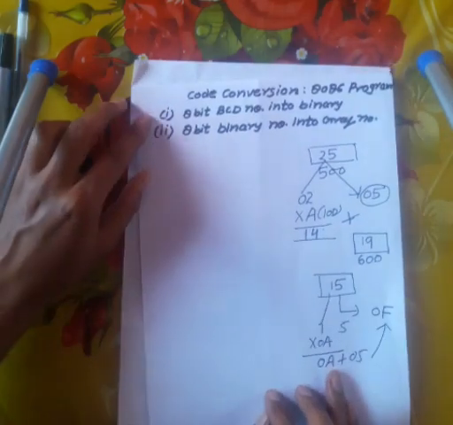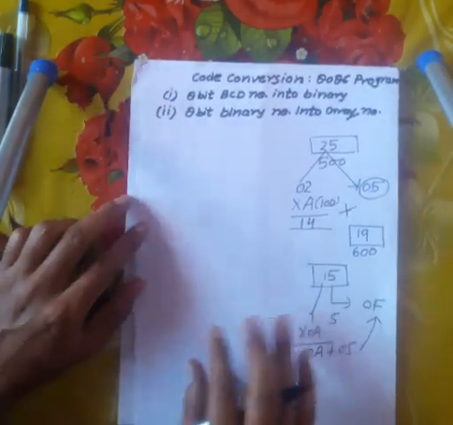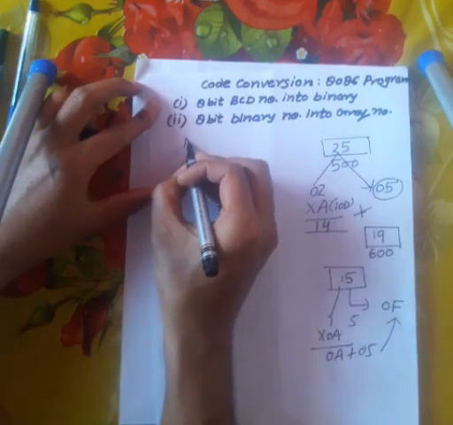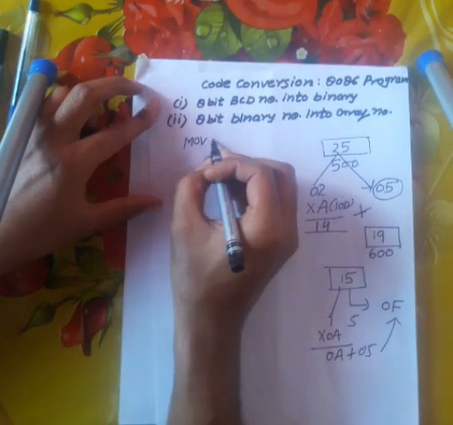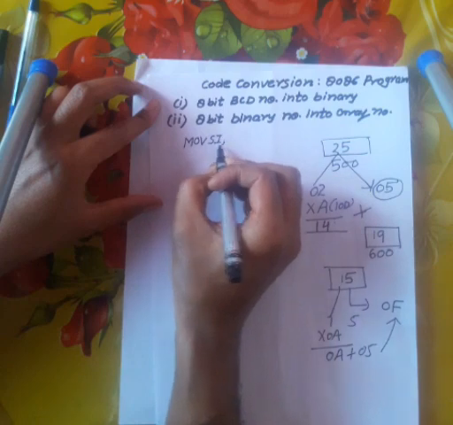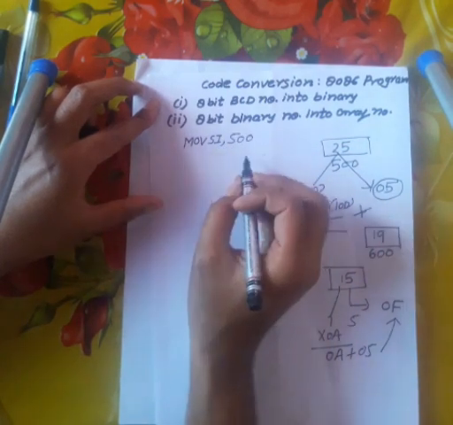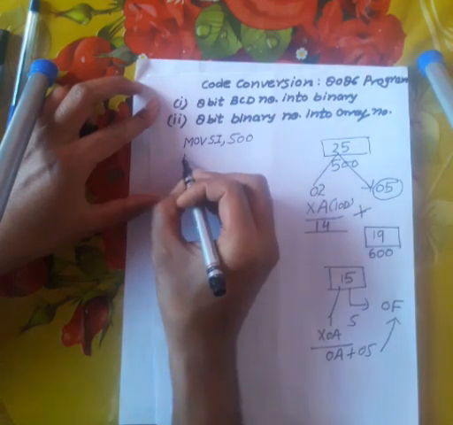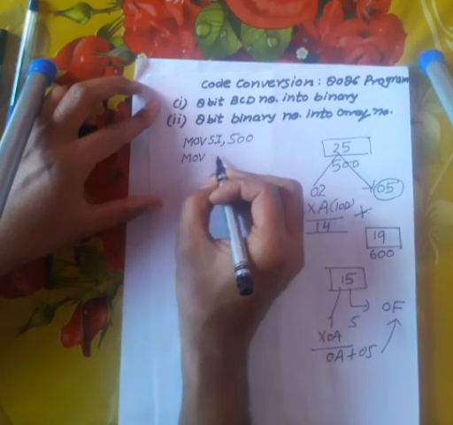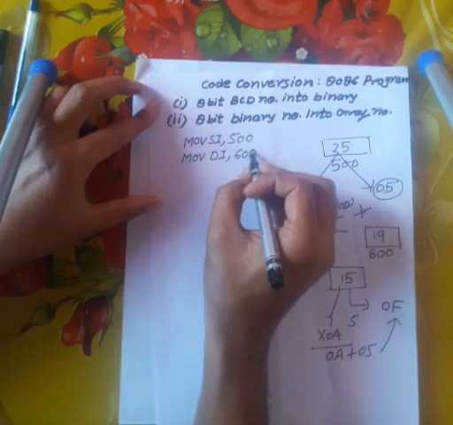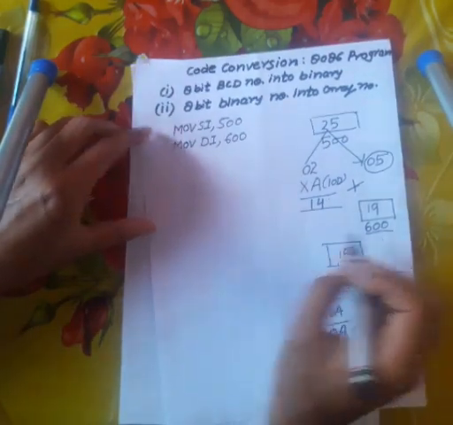Now I will implement program for this. First, move SI comma 500 for source offset. For destination offset I will take DI, move DI comma 600, where you are storing the result, this 600.